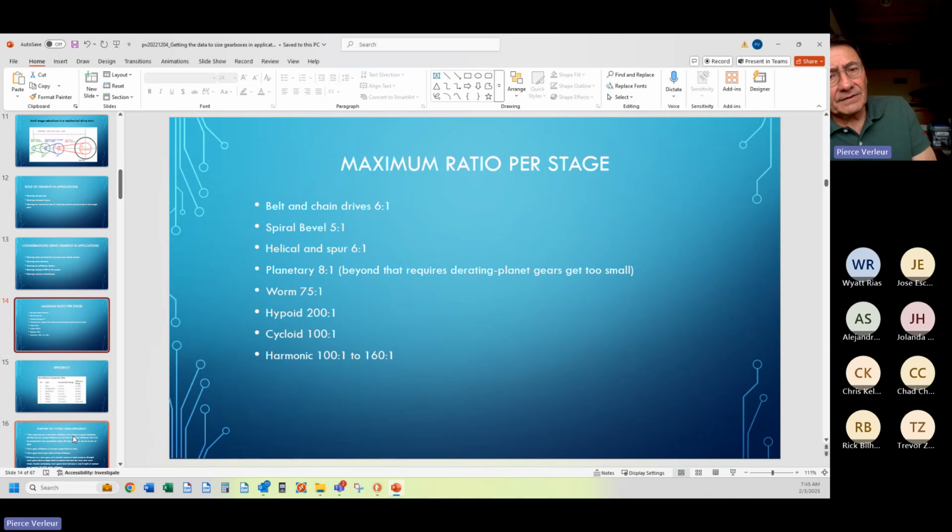Note, worm has a very high reduction ratio relative to the other options. Hypoid is a type of worm. Cycloidal and harmonic gearing, we went over in a previous class a couple of weeks ago. Those are very specialized types of gearboxes.